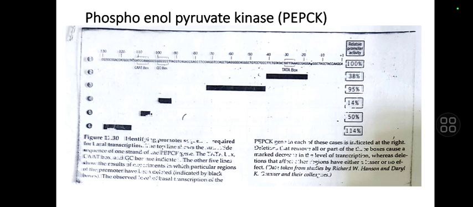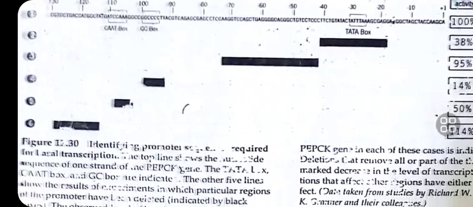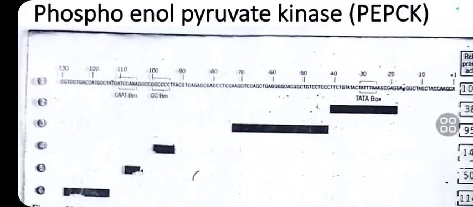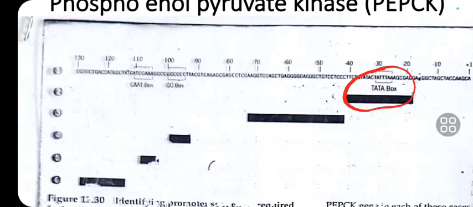Here we can see how transcriptional level control is attained, by showing a picture of a gene, the phosphoenolpyruvate carboxykinase or PEPCK gene, and this is the structure of the gene. This is the promoter sequence. We can see the TATA box here.